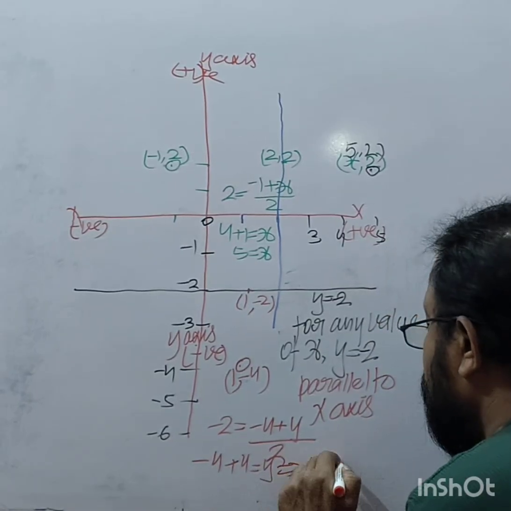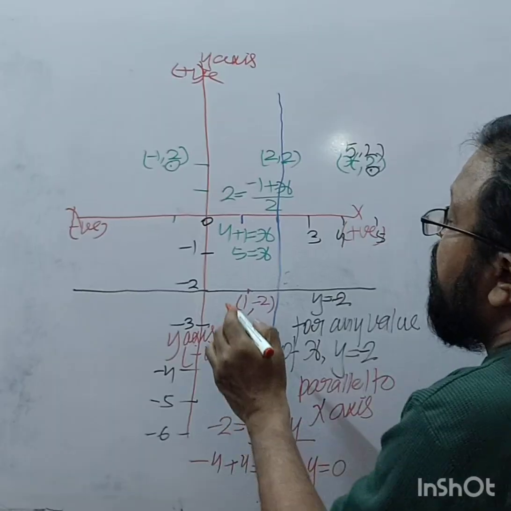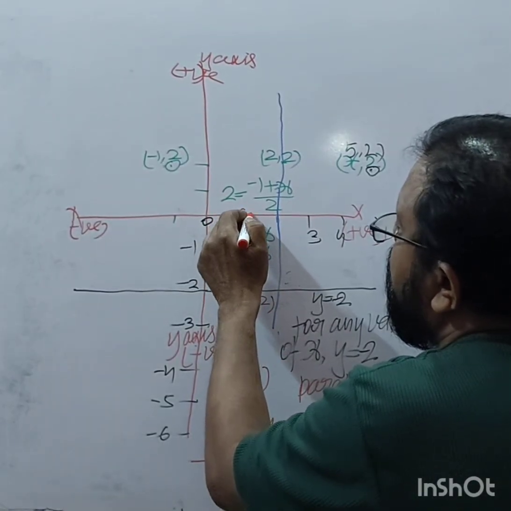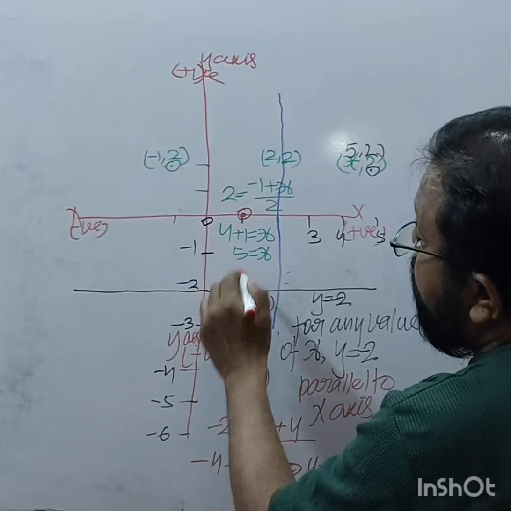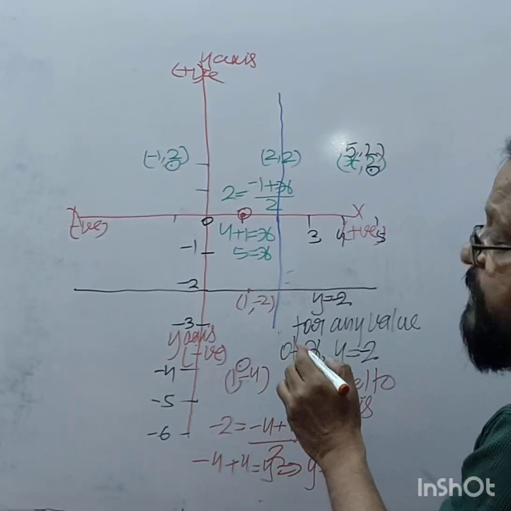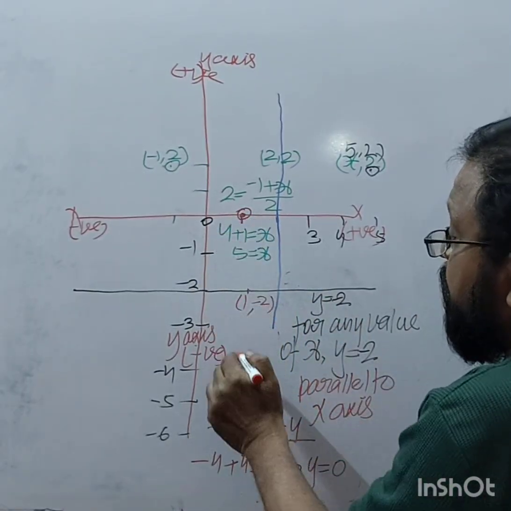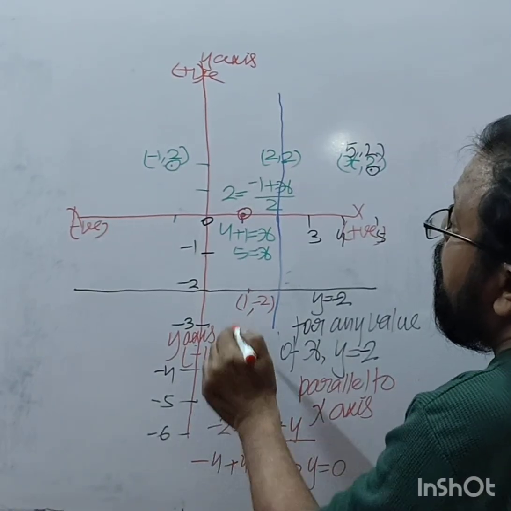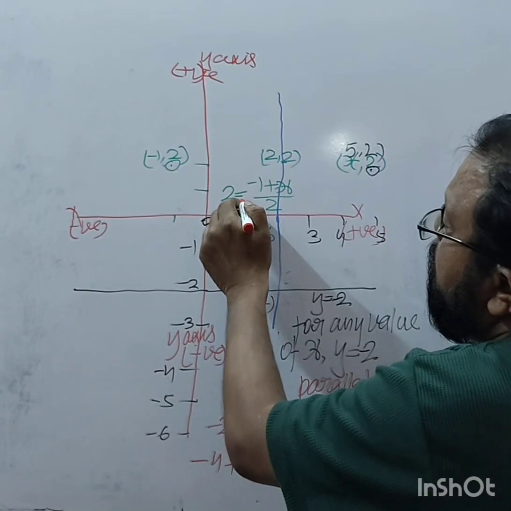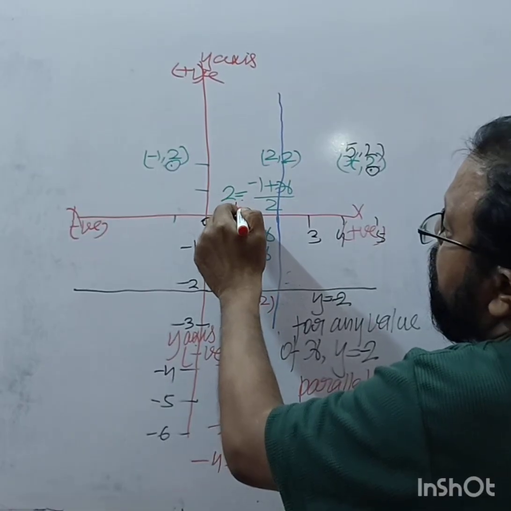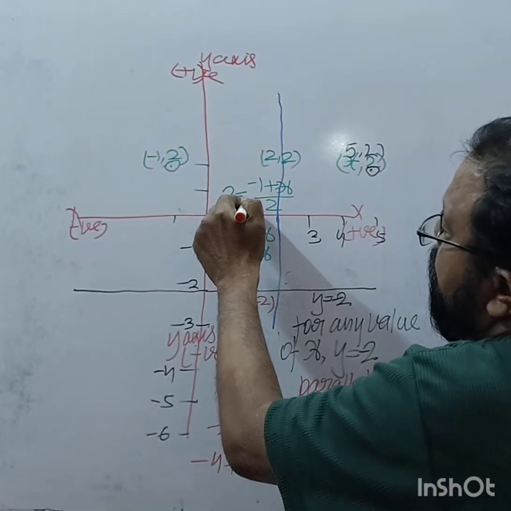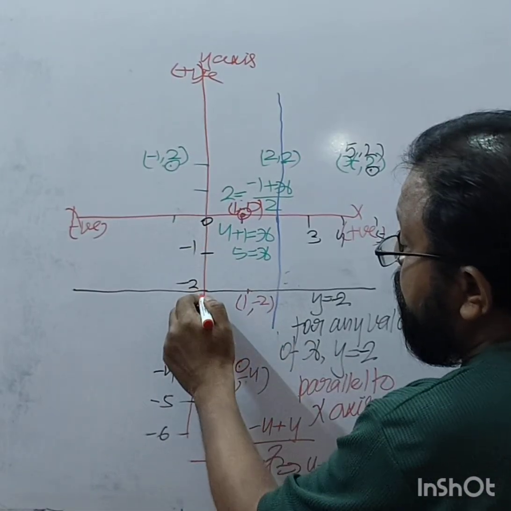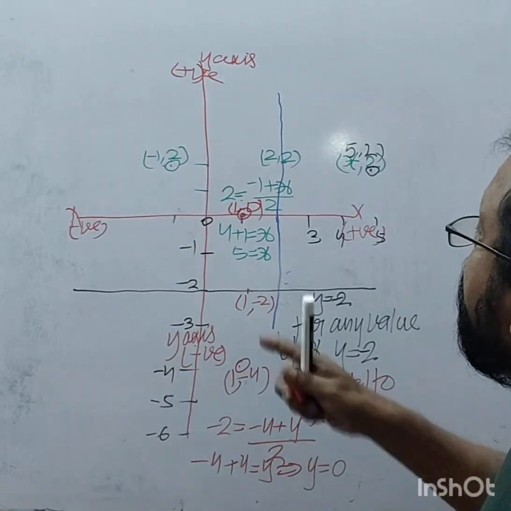So y is equal to 0. So it means this point will be here, right? Reflection through the line y is equal to minus 2, then the reflection of point 1 comma minus 4 will have 1 comma 0. Its distance is 2 units, 2 units, right?